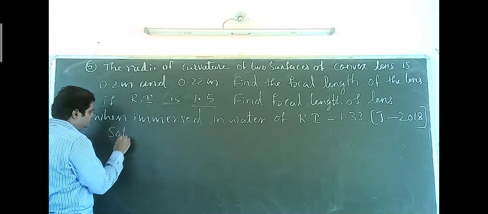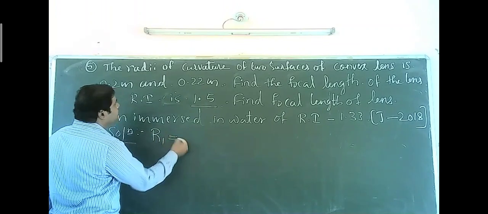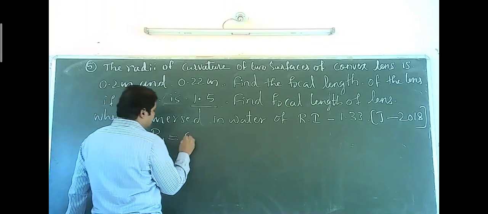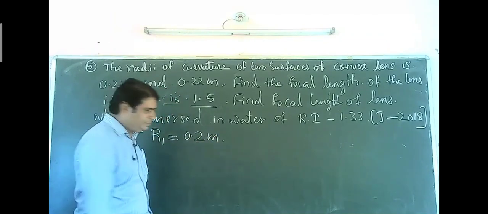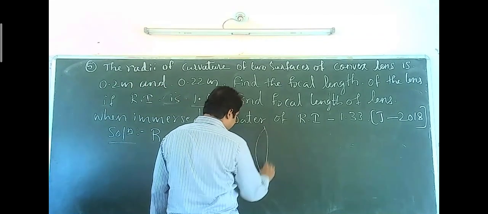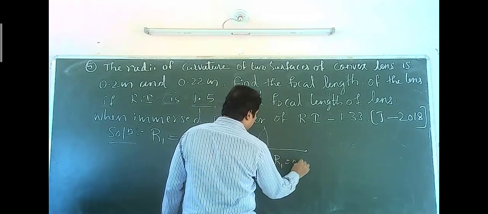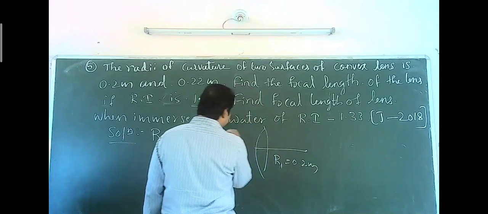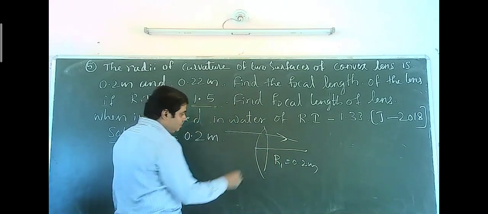Solution. We are given R1 is 0.2 meter. Okay, this is the lens. Say this is R1, 0.2 meter, in the direction of light.